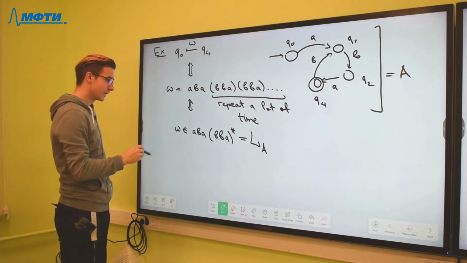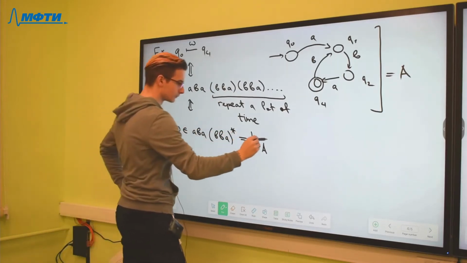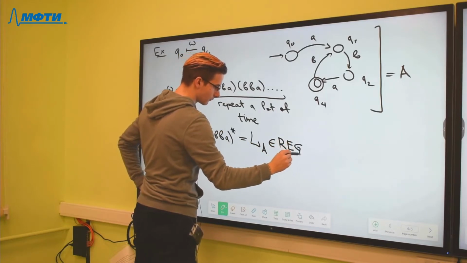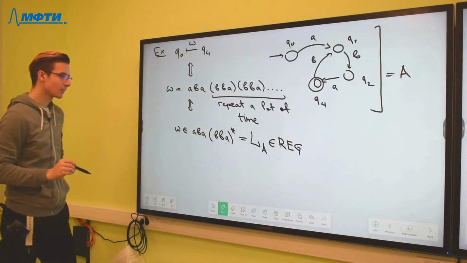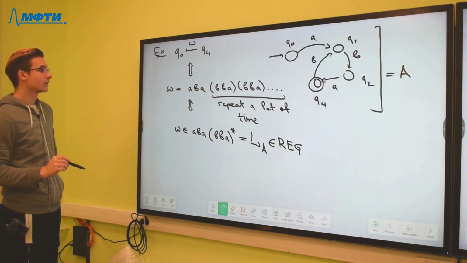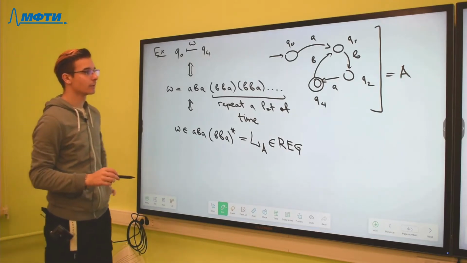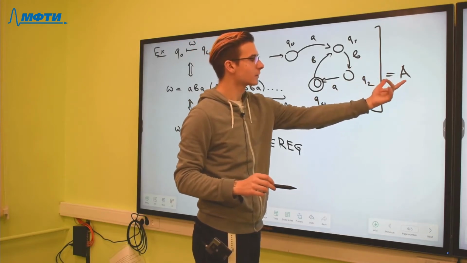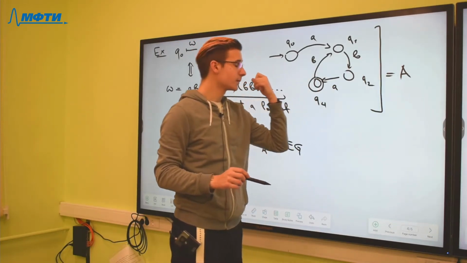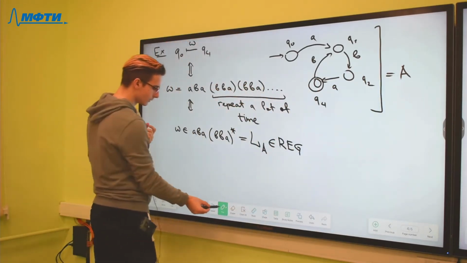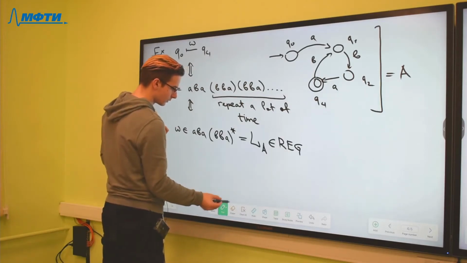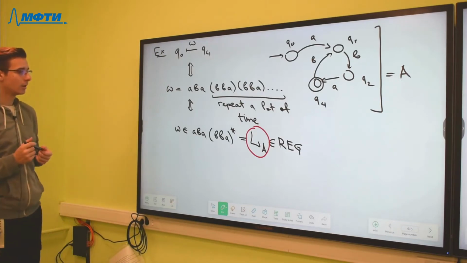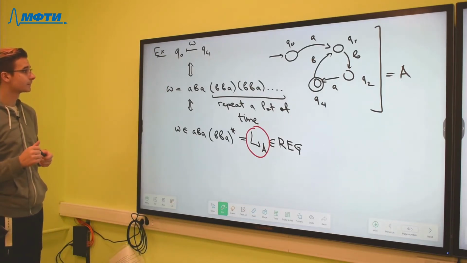And it is a regular language, of course. So if we have a deterministic finite automaton, we have some language.